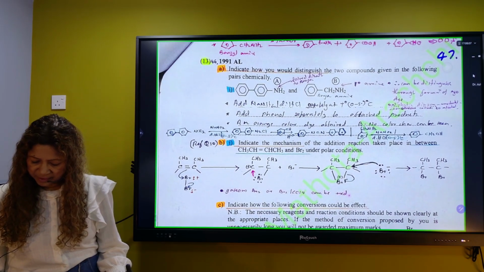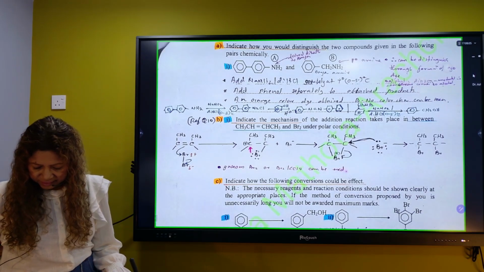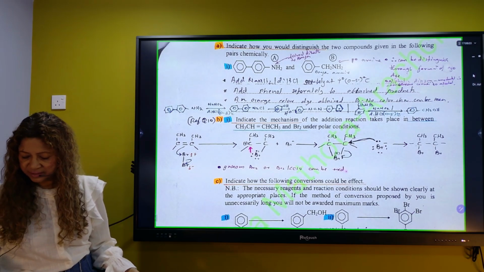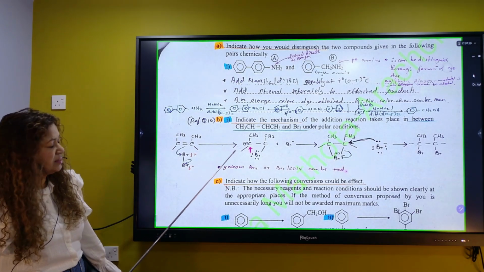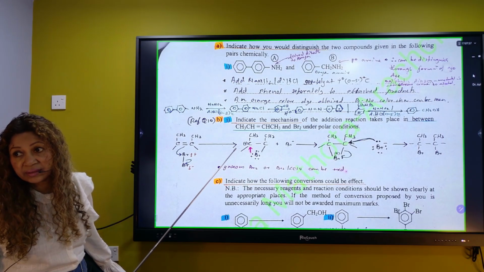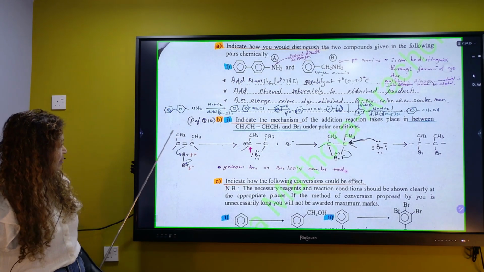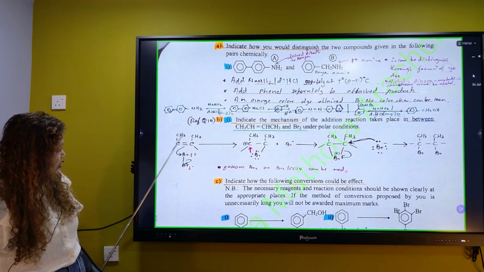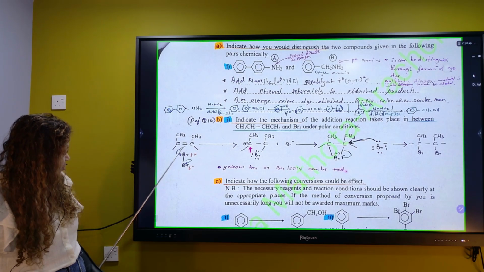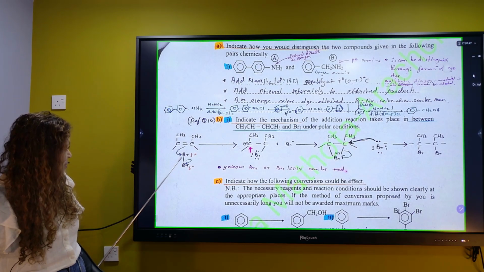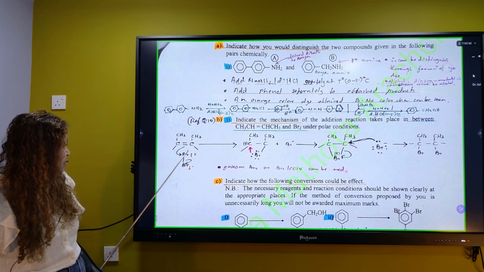Okay, part B1. This mechanism, we did this mechanism continuously. Remember we did this many times for these MCQ questions. The only difference is that this time we have this CH2 group, but this is symmetric, and the bromine is also symmetric, so you can join any bromine.